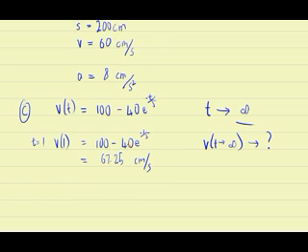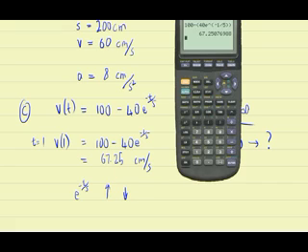What would be good is if we just looked at the behavior of e to the minus t over 5, rather than looking at absolutely everything, to see how this moves. As t goes up to infinity, does this go up or down? Let's look at just that part on the calculator.